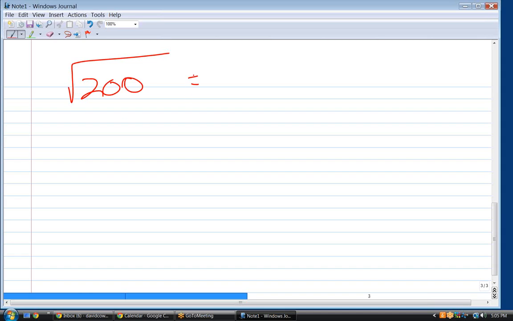So we're looking for factors of 200, two numbers that multiply to give you 200, where one of them is a perfect square. Well, first of all, let me back up a second. Let's go through all your perfect square numbers.